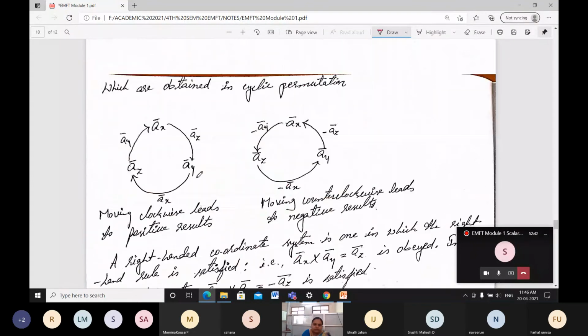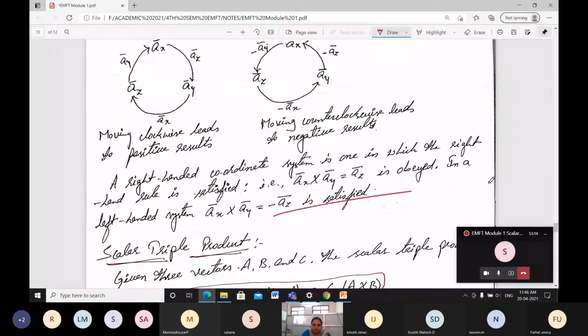In the same way, ay, az gives ax, and az, ax gives ay. The direction is very important: z to x gives ay. It is in terms of clockwise movement. If it is anti-clockwise, you will get negative values for the same unit vectors.